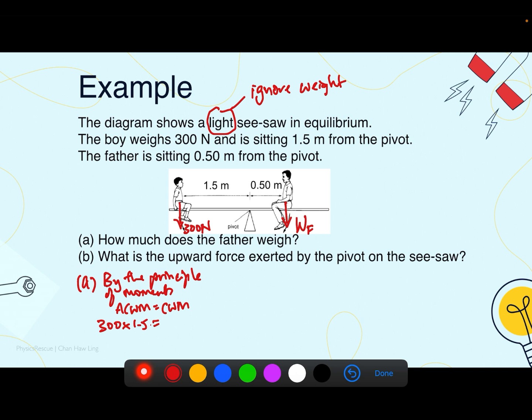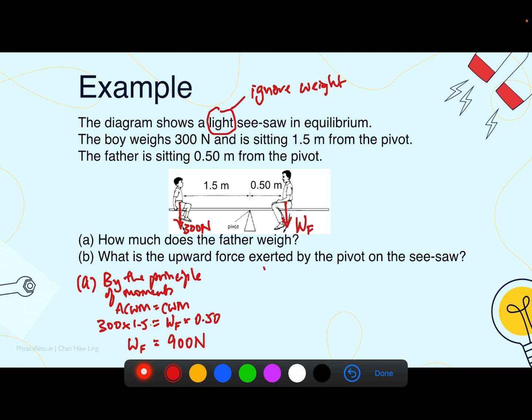The weight of the boy multiplied by his perpendicular distance to the pivot, and then the weight of the father multiplied by the perpendicular distance to the pivot. So if you work it out, 300 times 1.5 is 450, then divided by 0.5, you get 900 newtons.